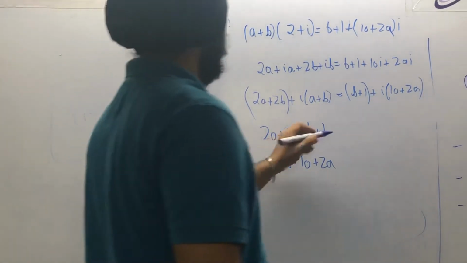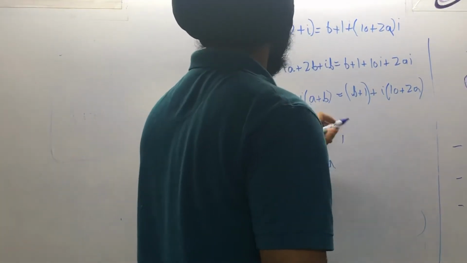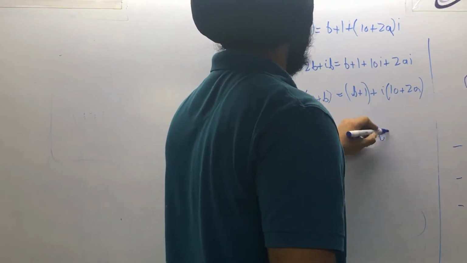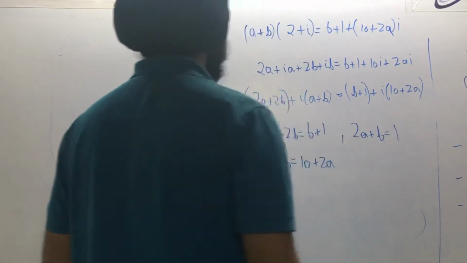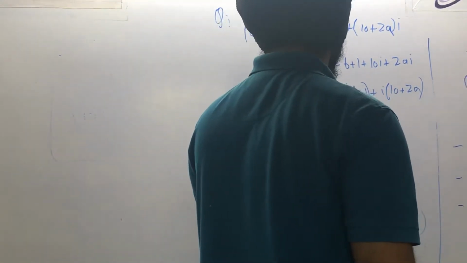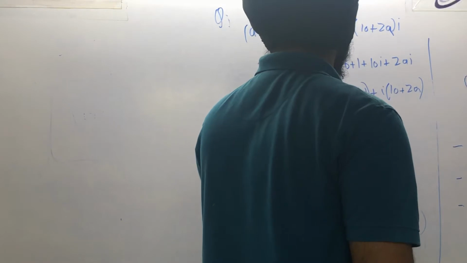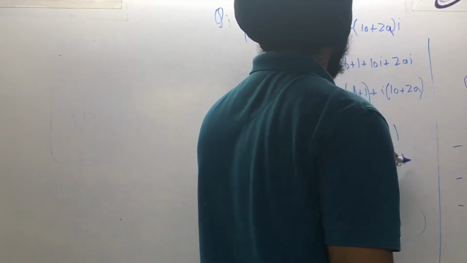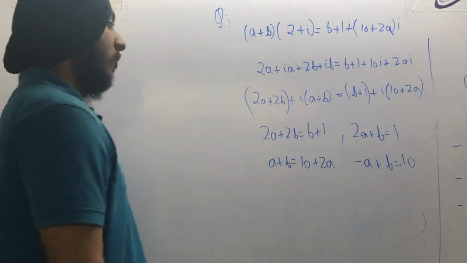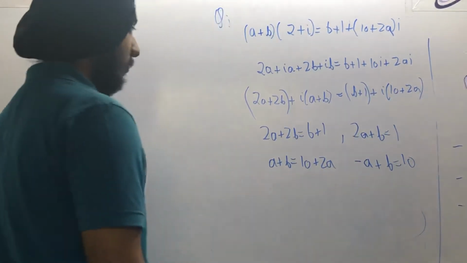Okay, so what is the answer? 2a plus b is equal to 1. This is the first equation, and this one is minus a plus b is equal to 10. Okay, so to solve these equations, what can I do?